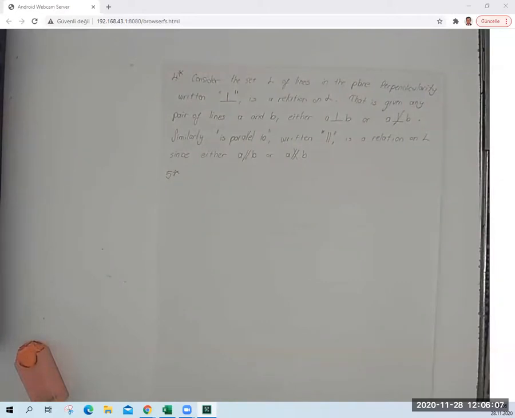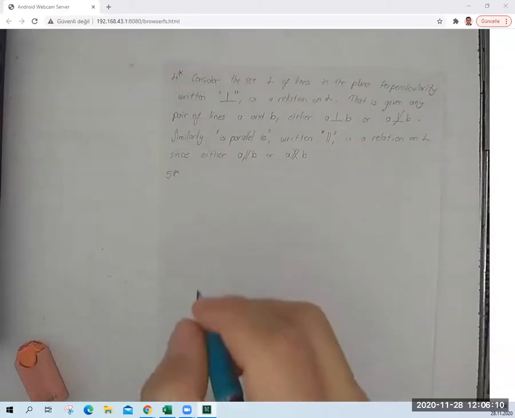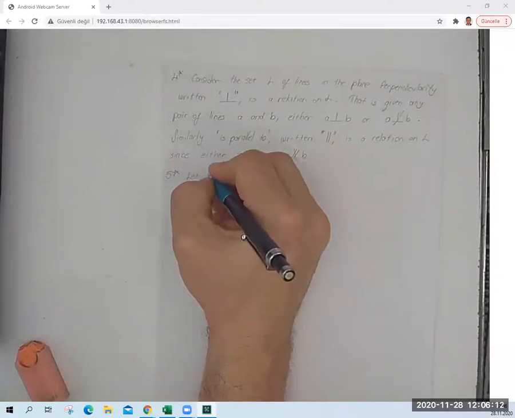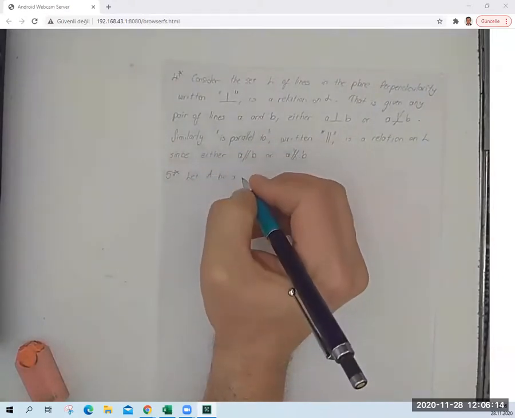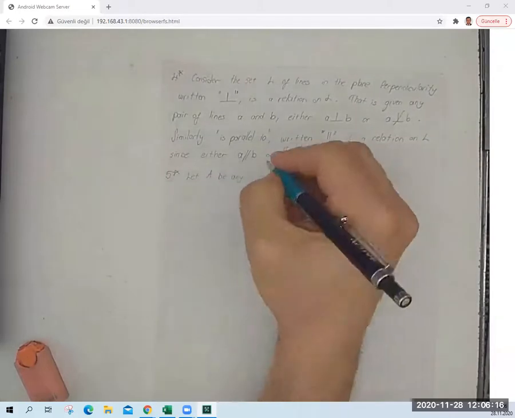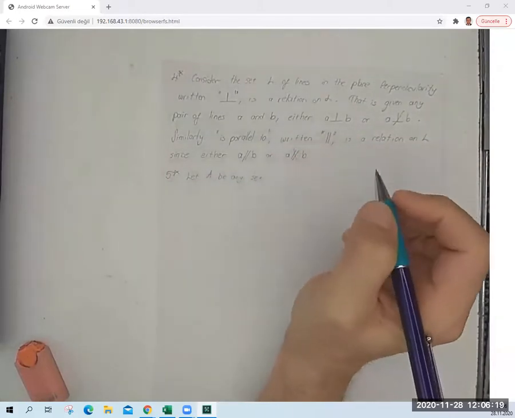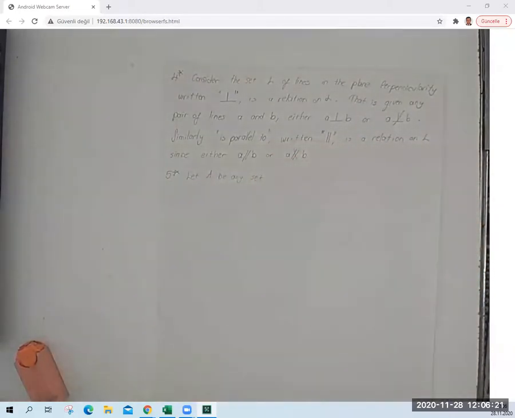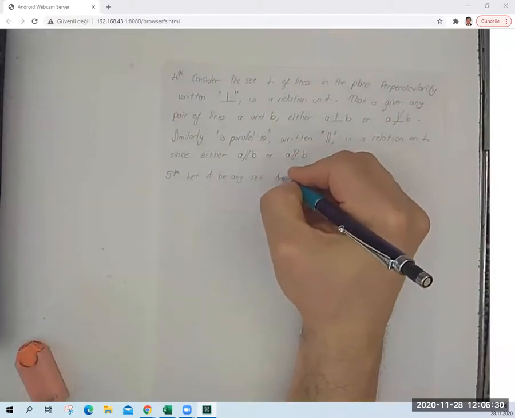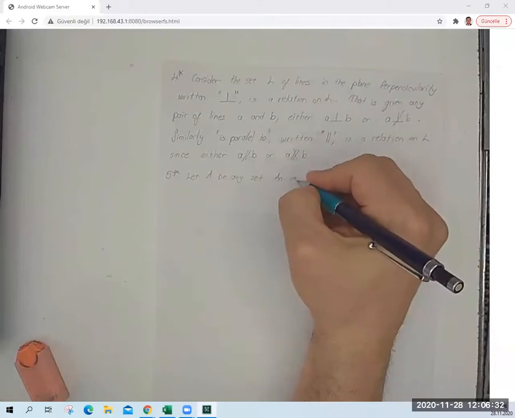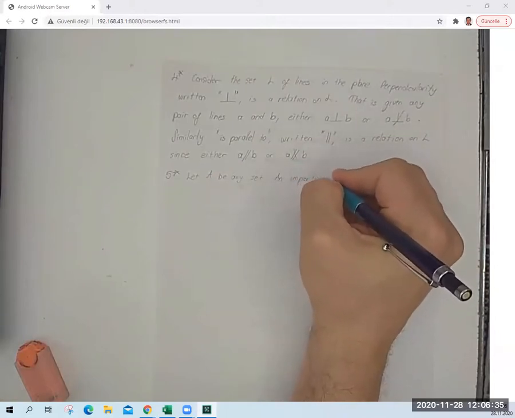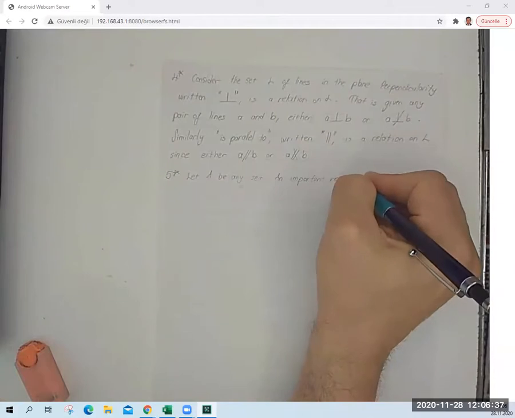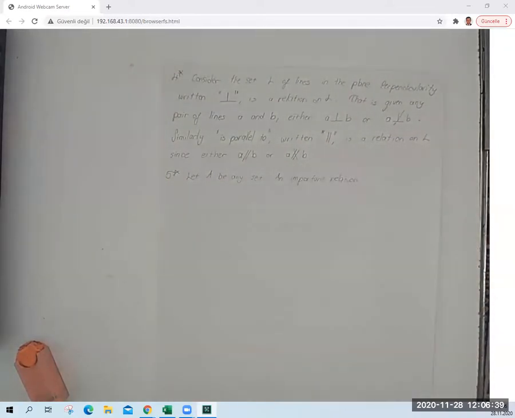As example 5, let A be any set. An important relation on A is that of equality.